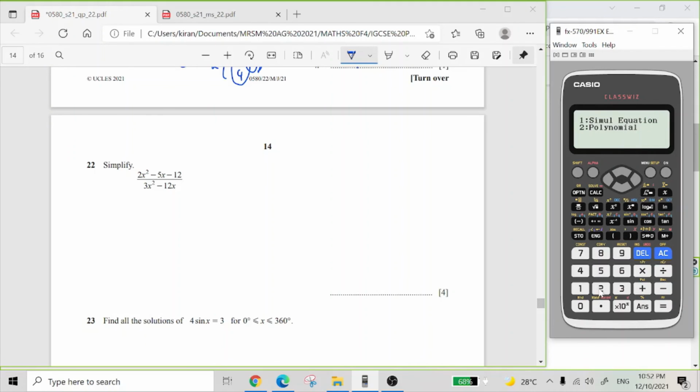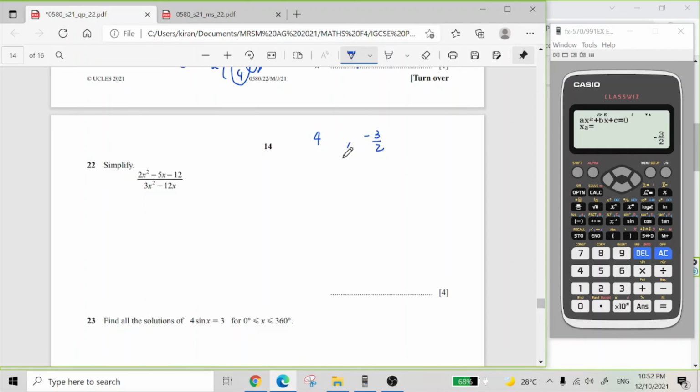Okay, we choose the polynomial. The polynomial degree here is 2, which is quadratic. So we put the first coefficient, which is 2 for x squared, and then -5 for the coefficient of x, and then -12. So we can see x is equal to 4, and the other one is -3 over 2. So when we get 4 and -3 over 2, actually this part is the roots.